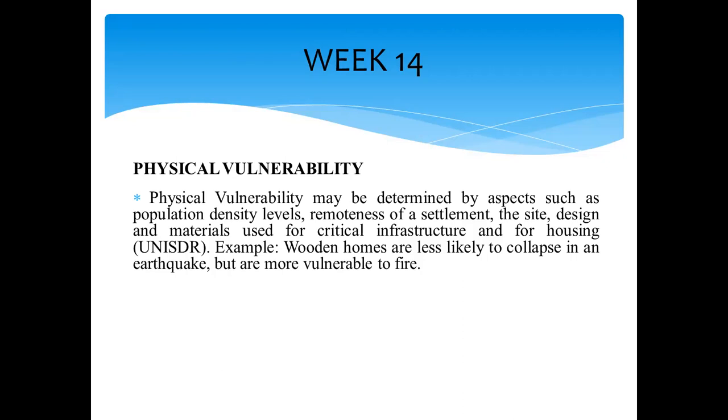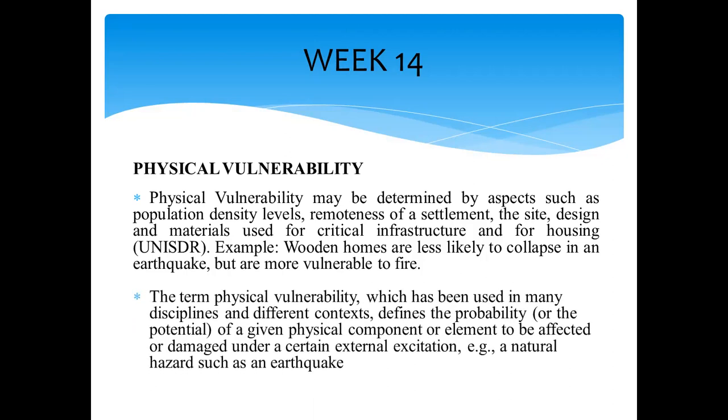The term physical vulnerability, which has been used in many disciplines and different contexts, defines the probability or the potential of a given physical component or element to be affected or damaged under a certain external excitation. An example given is a natural hazard such as an earthquake.